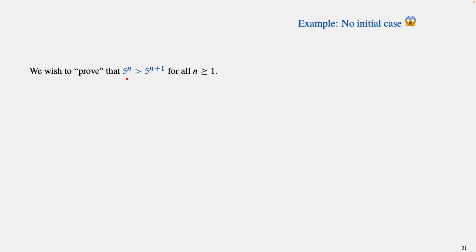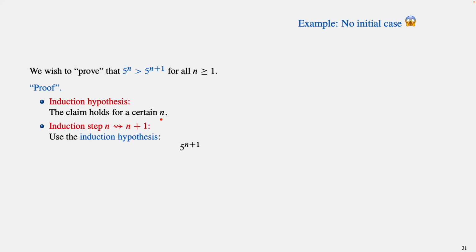Now I wish to prove that 5 to the power of n is strictly greater than 5 to the power of n plus 1 for all n greater or equal to 1. And I prove this as follows. My induction hypothesis is that the claim holds for a certain number n. And I can do the induction step.